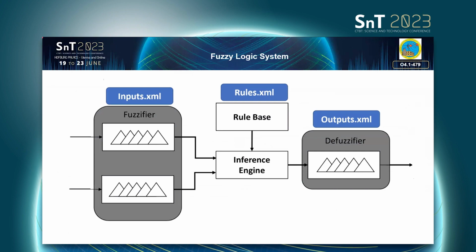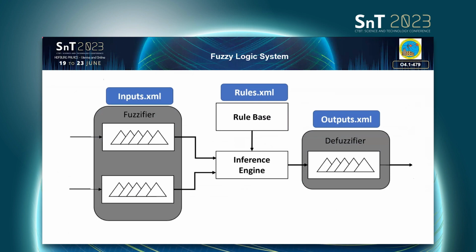Then the rule base, which consists of different rules that have been expressed by the expert to judge the quality of the station based on the input, and then the inference engine, which uses these rules and fires them as needed based on the input values. Then the final stage is the defuzzifier, or defuzzification, which is the part that returns the values from the fuzzy domain back into the real world domain.